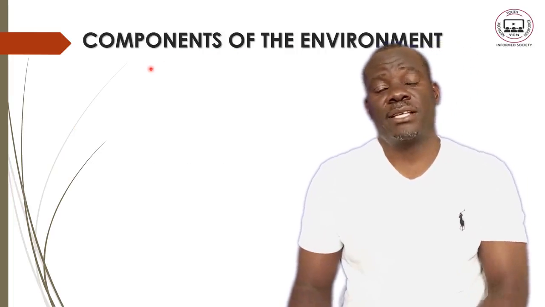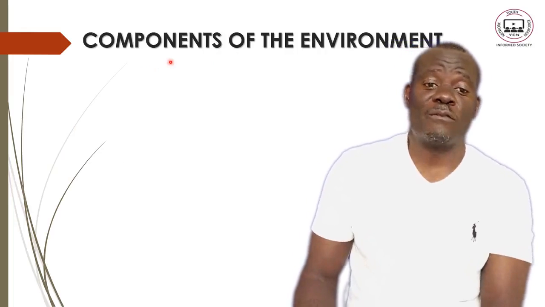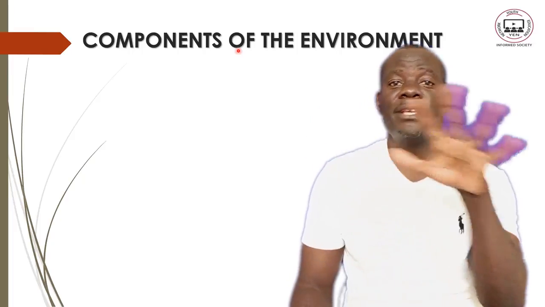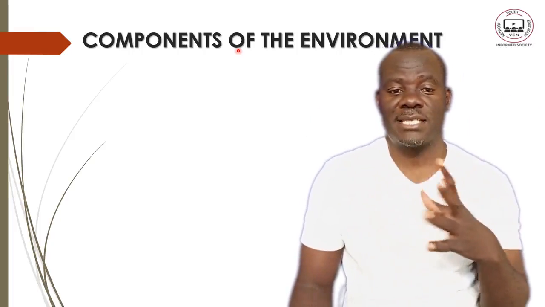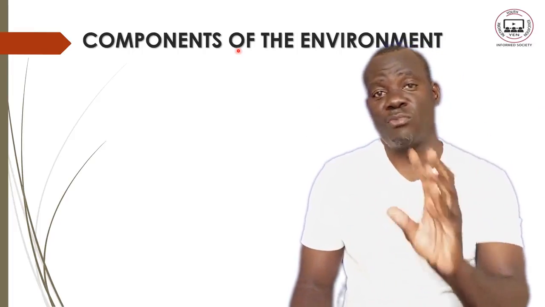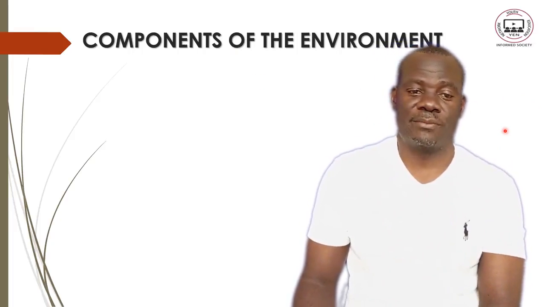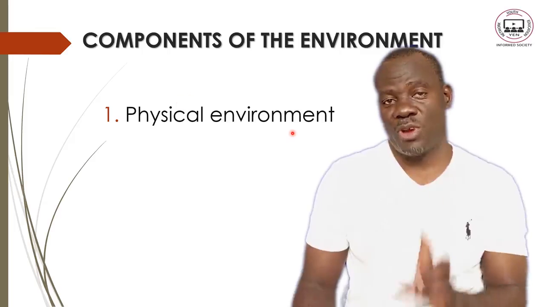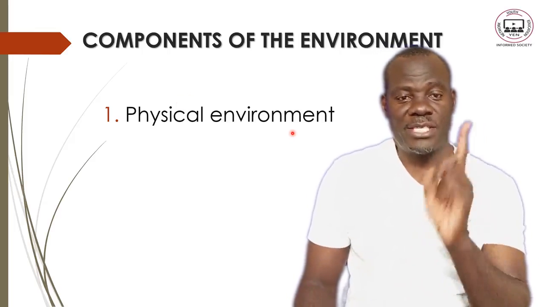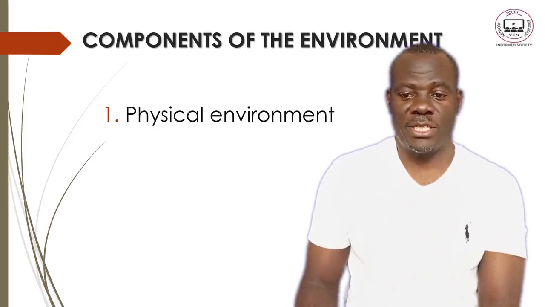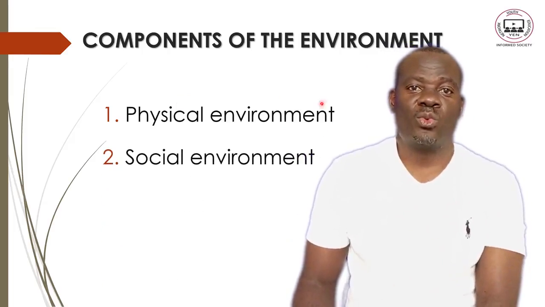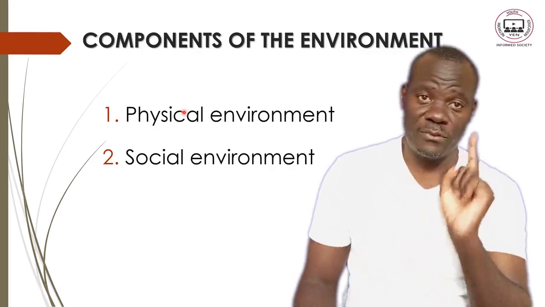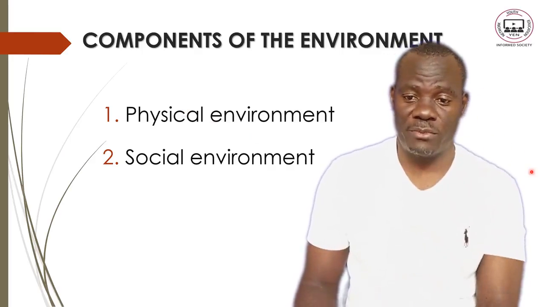Now let us look at the components. What are the components of the environment? We have known that the environment is all the things that are around us. But now, what are the components of the environment? Number one, we have the physical component of the environment. Number two, we have the social environment.